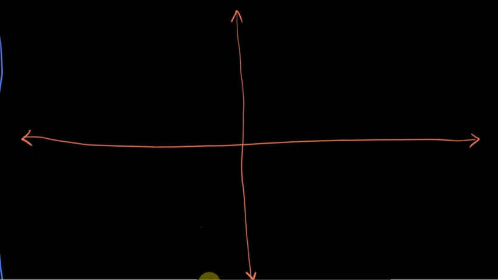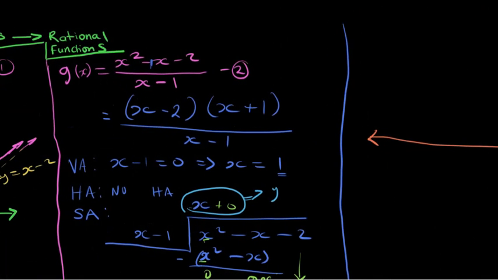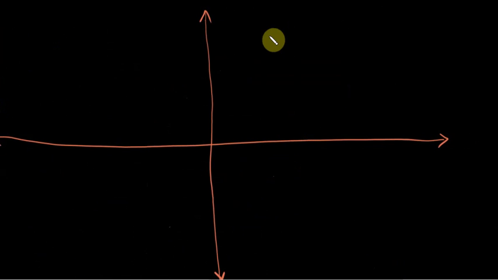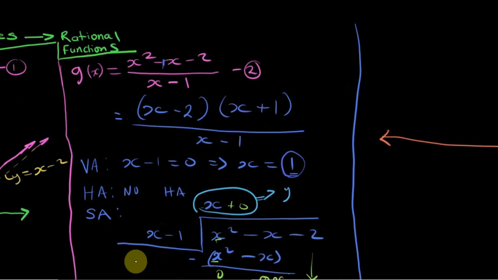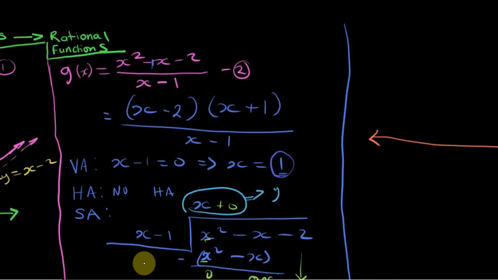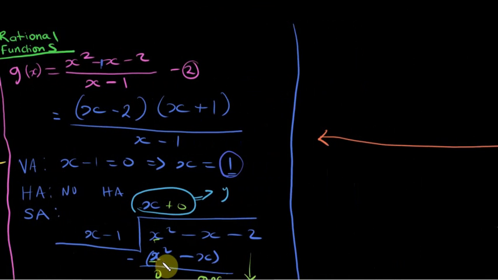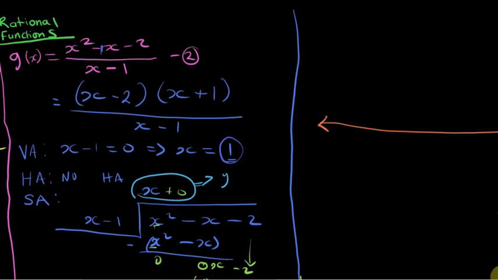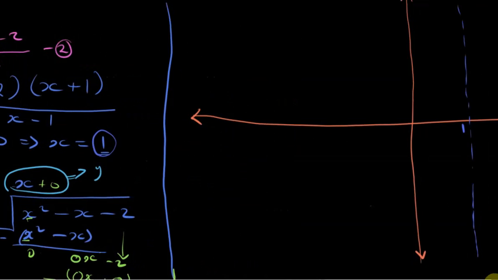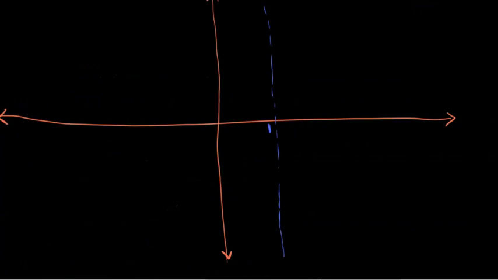Our Cartesian plane. What do we know? We know the location of our vertical asymptote is at x equals 1. There is no horizontal asymptote. We have a slant asymptote, which is y equals x, passing through the region like that.